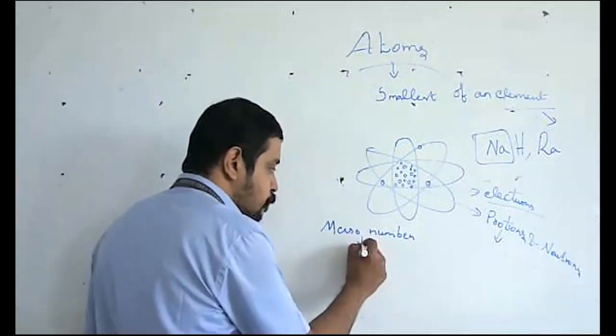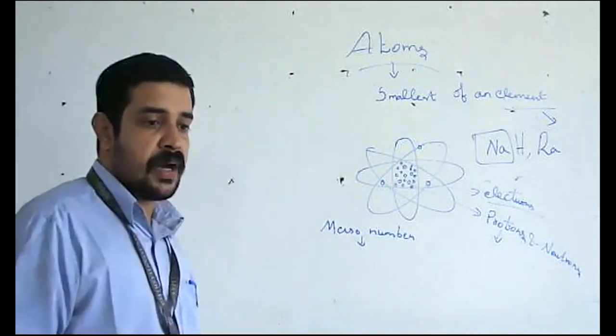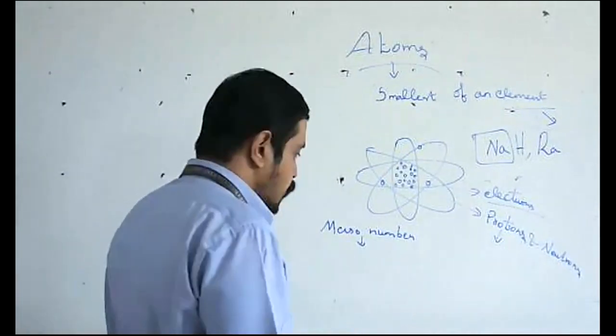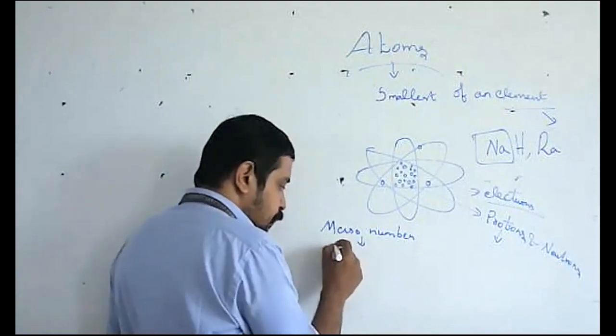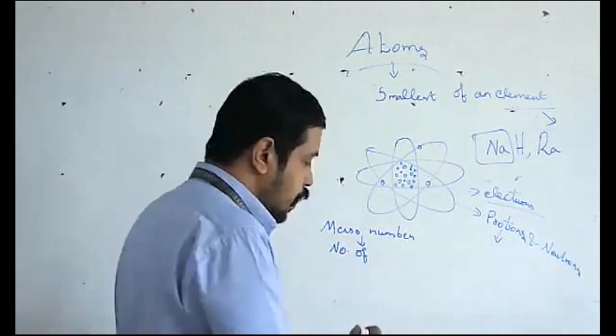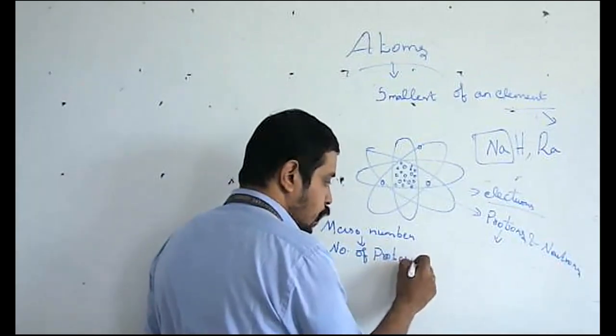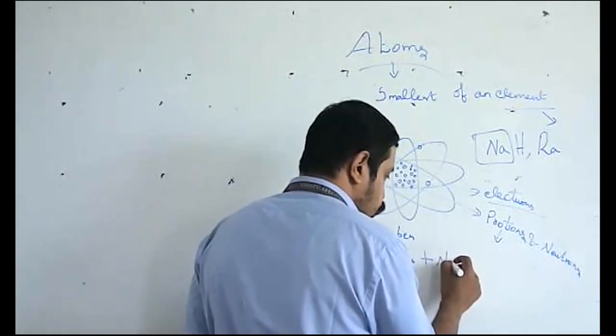The mass number of any element is actually the number of protons and neutrons.